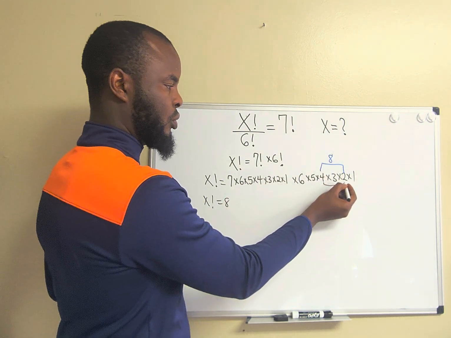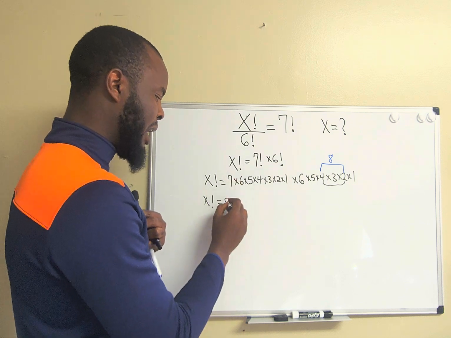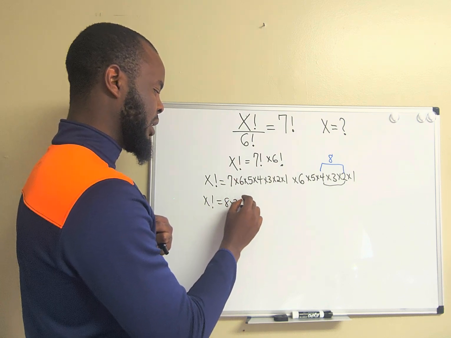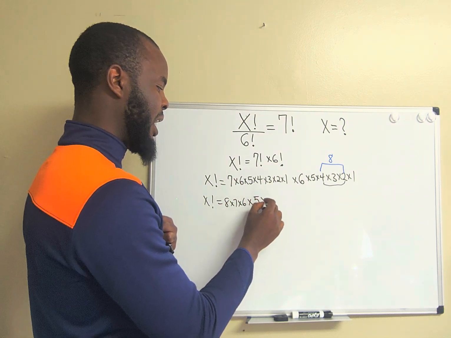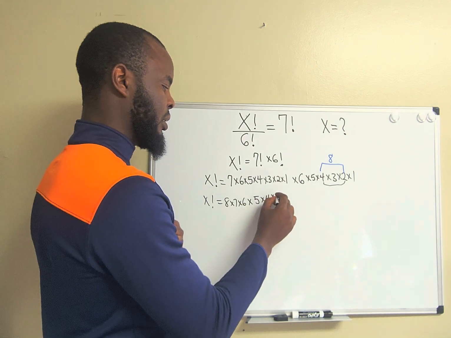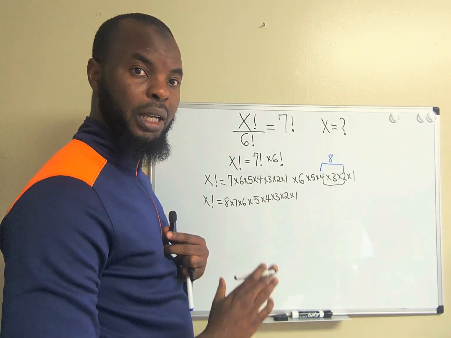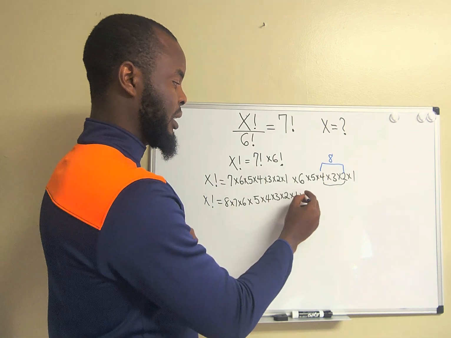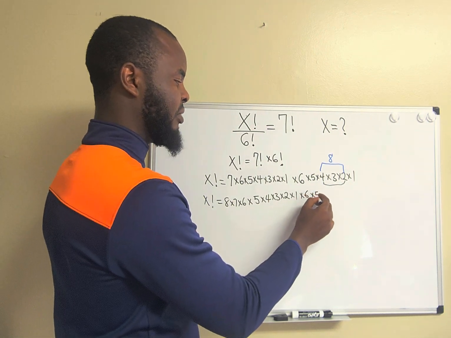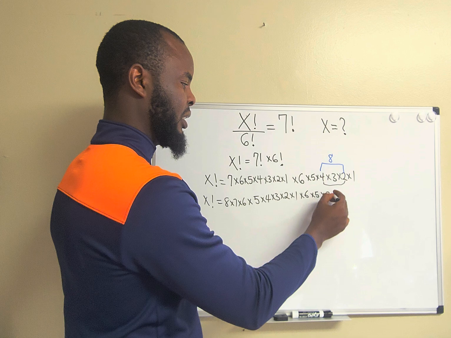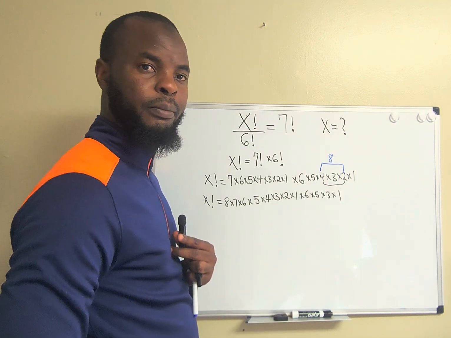Recall, 4 and 2 is gone. So we have 8 times 7 times 6 times 5 times 4 times 3 times 2 times 1, and here we are left with 6 times 5 times 3 times 1.